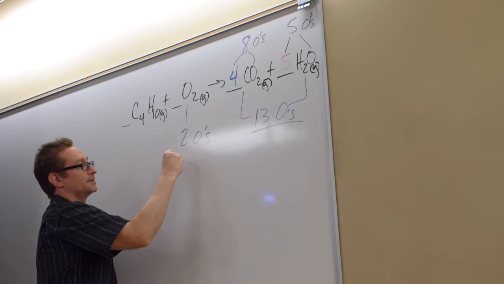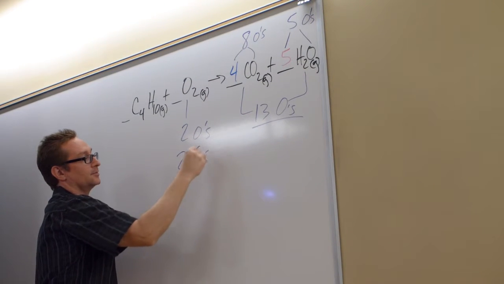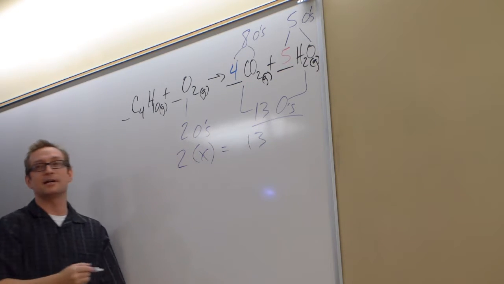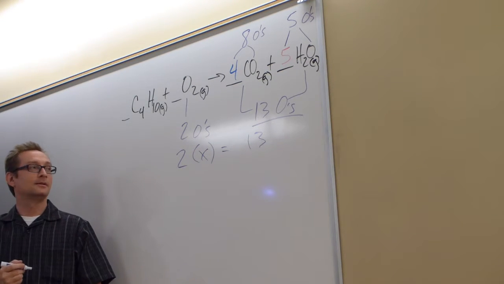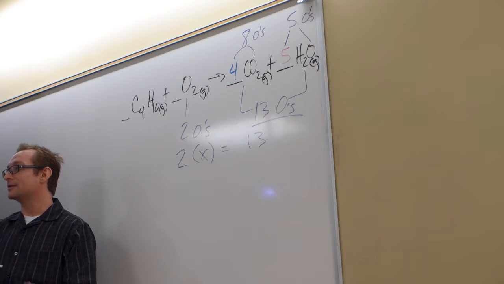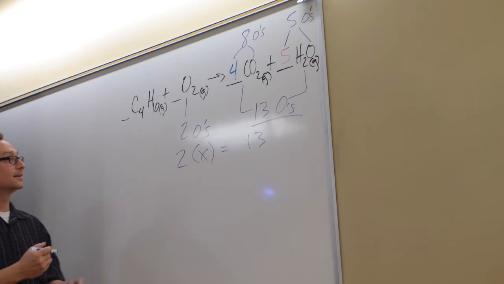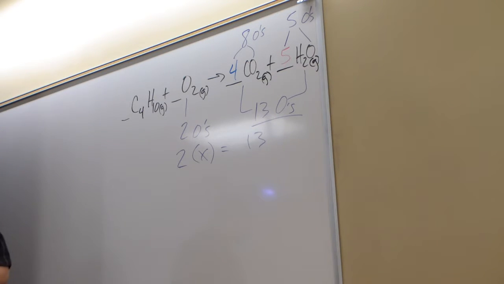So the question becomes 2 times what number, we'll call it x, is equal to 13 on the other side. It's some non-integer number, right? So it's going to be 6.5. Or you can say 13 halves. Okay, so now, go ahead and rewrite this.